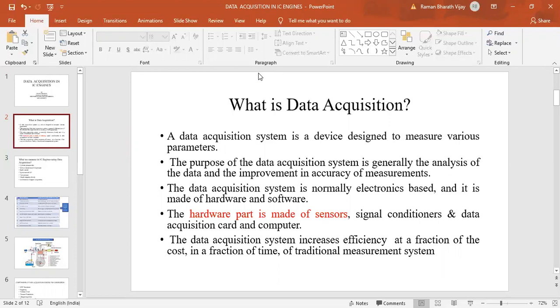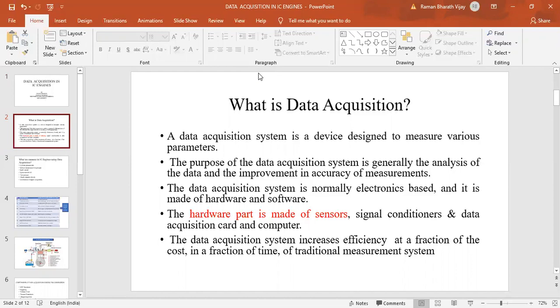This data acquisition has two major parts. One is the hardware components, the next is the software components. Data acquisition is basically an electronic system, and it contains both hardware and software.